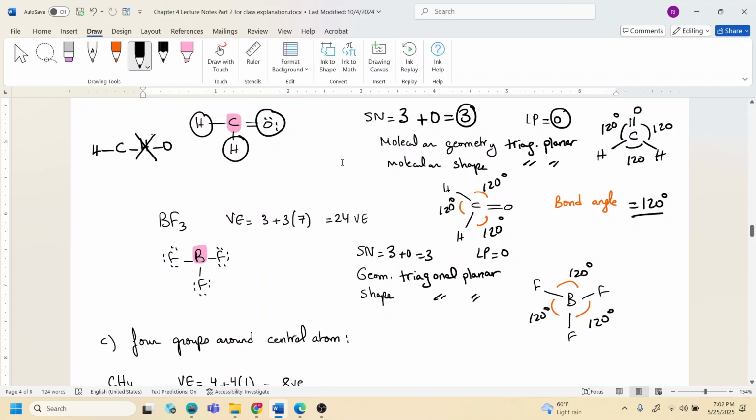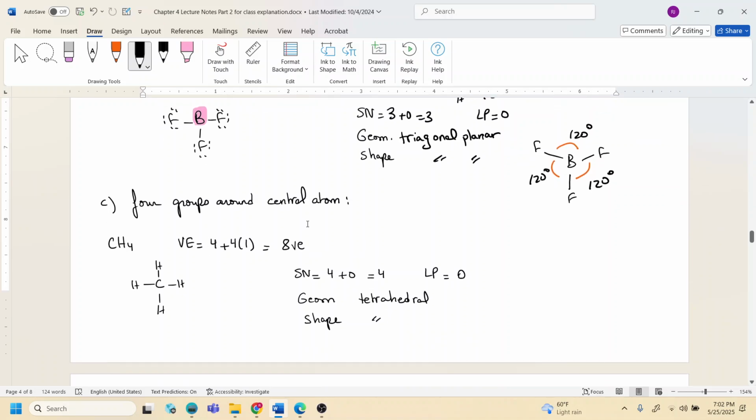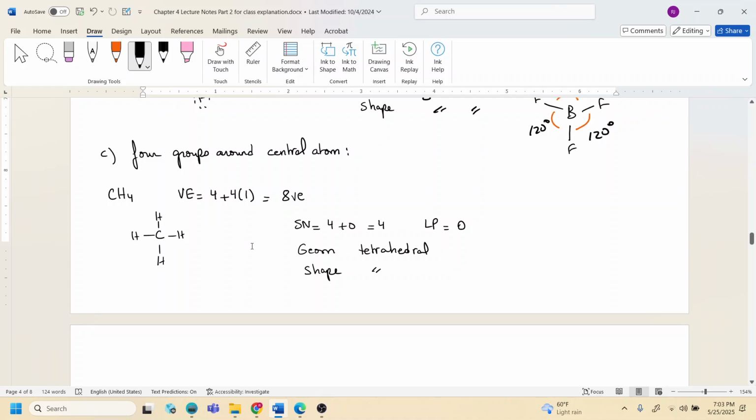Okay? Four groups around the central atom. This is a criteria for the carbon because carbon always forms four bonds. So it does have four groups around the central atom. Example CH4. You look at the carbon.